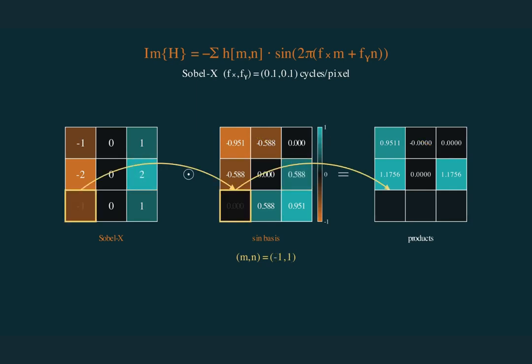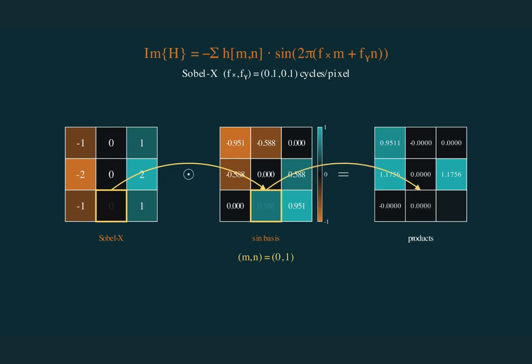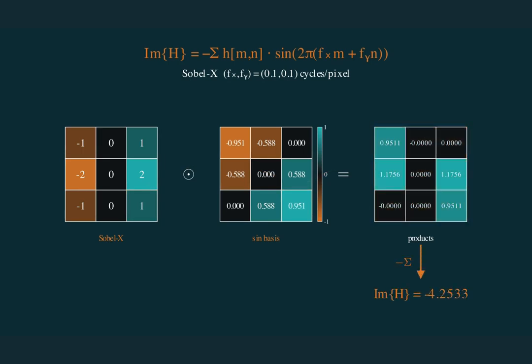So now we're projecting something anti-symmetric onto something anti-symmetric. And you'll notice that in this case, we are getting a rather important response, which makes sense. I mean, if you do apply the Sobel X to an image like this with a clear negative to positive gradient going from upper left corner to lower right corner, then you do expect a significant response, right? So this is where the imaginary part comes into play.